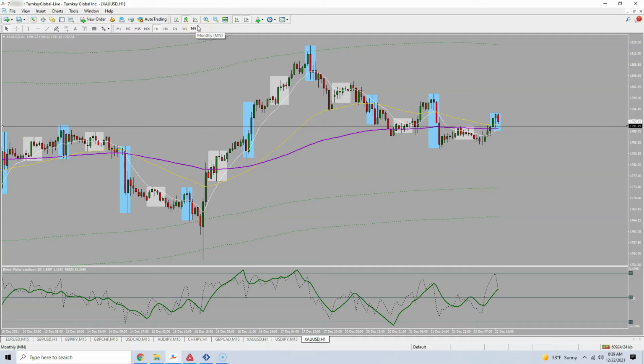Now all we have to do is look for an entry point because we have a confirmed move to the upside, or a confirmed buy. So I'm going to go down to the 15-minute chart now that rules 1 and 2 are met. Again, just to recap, rule number 1 is price has to be consolidated between the 50 and the 144 EMAs while being oversold or overbought, which it is oversold in this case.